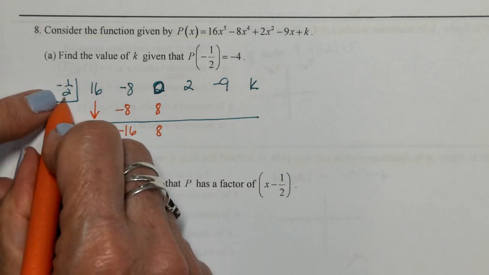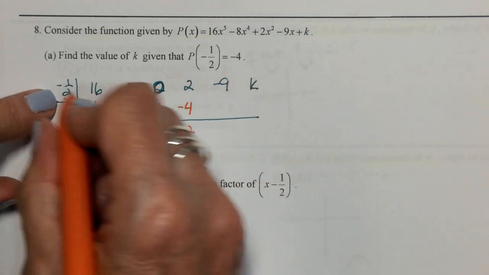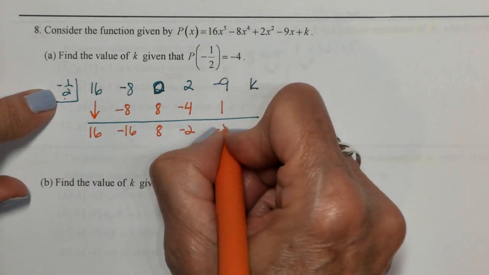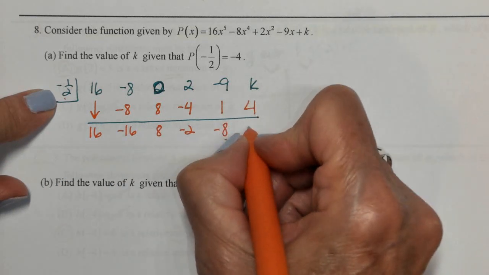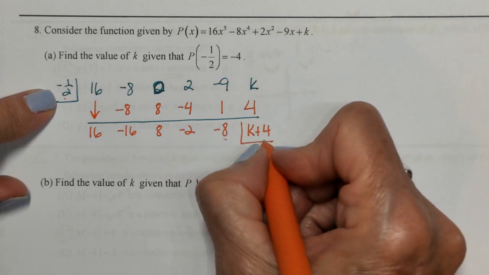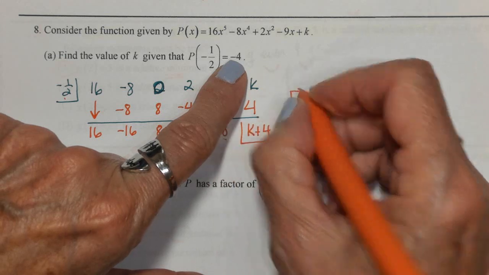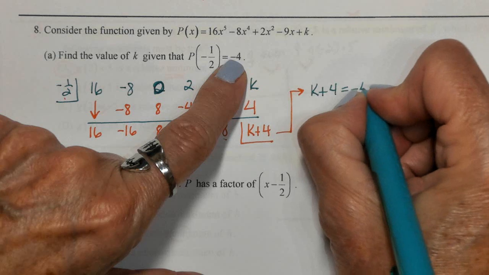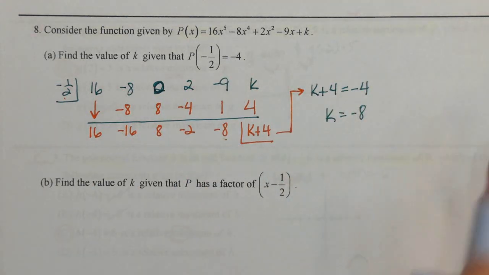Add. Negative 1/2 times 8 is negative 4. Add. Negative 1/2 times negative 2 is 1. Add. Negative 1/2 times negative 8 is 4. Add. That's the remainder. That has to equal this negative 4. So k plus 4 must be negative 4, so k must be negative 8.